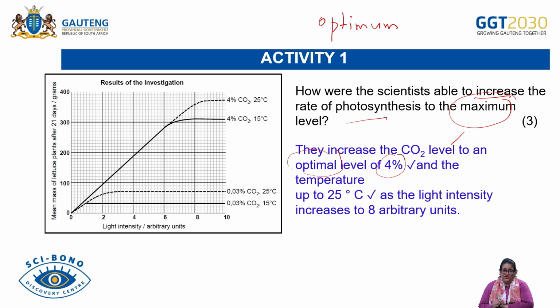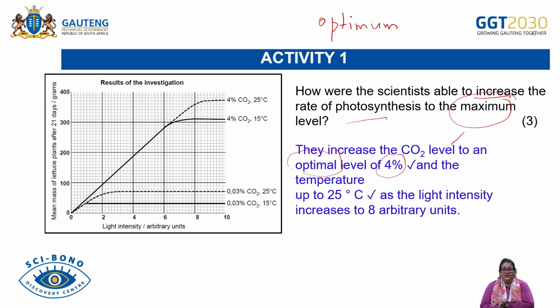But what else did they do? They didn't only increase the CO2 level from 3 to 4, temperature from 15 to 25. What else did they do? They also increased the light intensity from 2 to 8. Can you see? 8 was the highest level of light intensity.